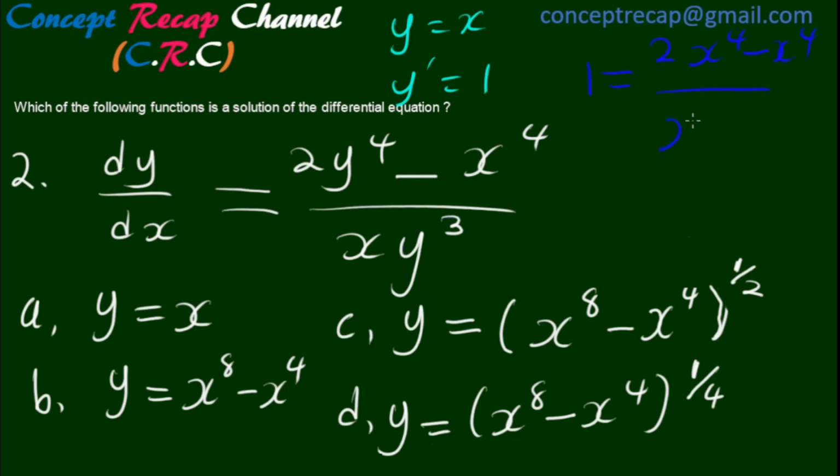If you factor out x to the fourth, you have 2 minus 1 divided by x to the fourth. You can cancel the x to the fourth, so you remain with 2 minus 1, and 2 minus 1 is equal to 1.